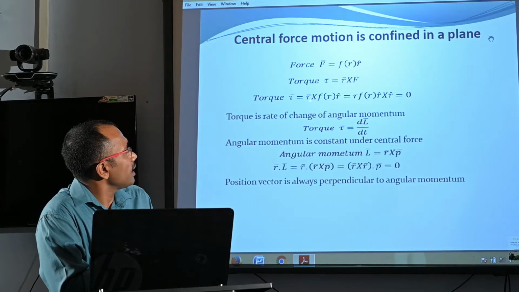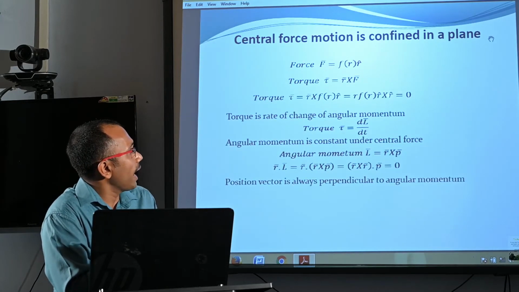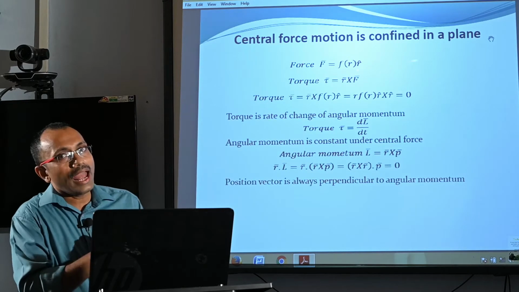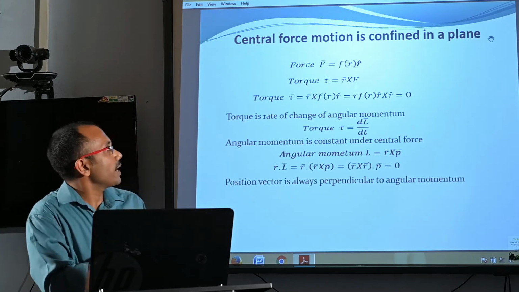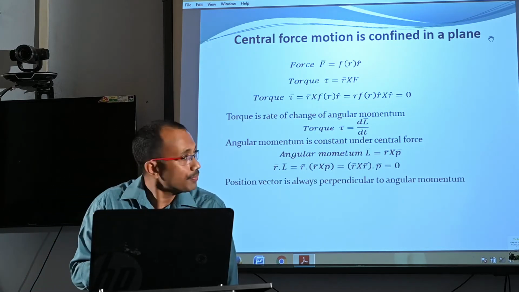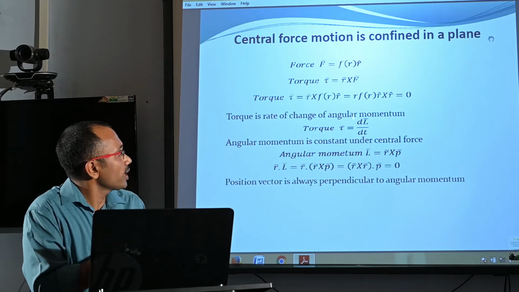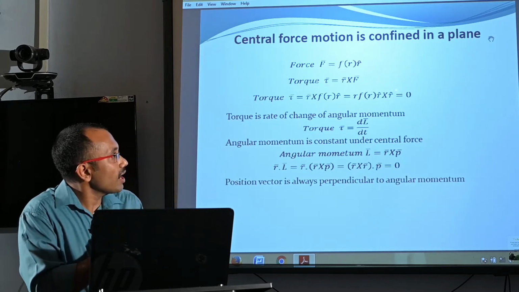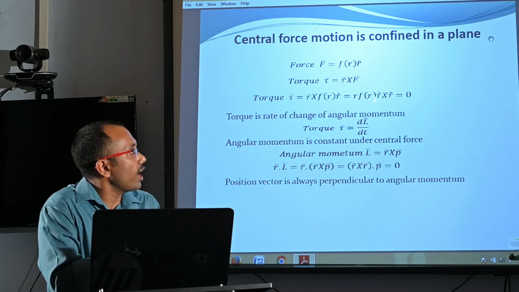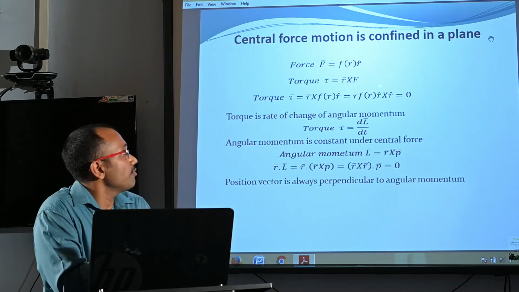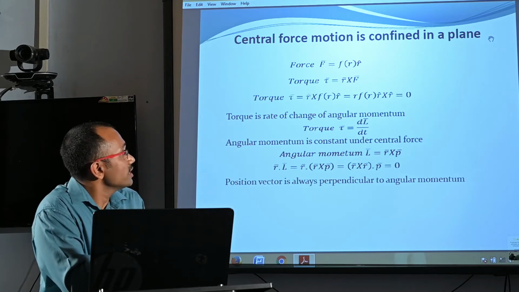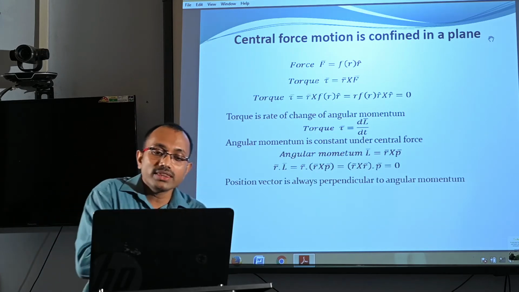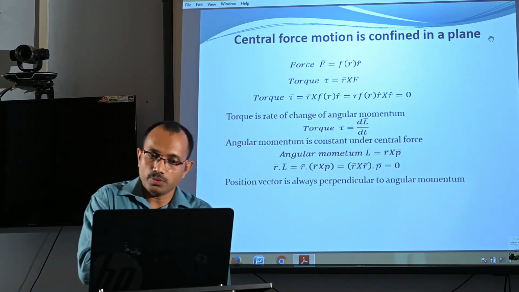Here r can be written as magnitude r and direction r cap. Similarly, the force F can be written as magnitude F(r) and direction r cap. So, we can write torque equal to r F(r) times r cap cross r cap. You know that if we take the cross product of a vector with itself, we get 0. That means this r cap cross r cap will be 0. That means torque will be 0.